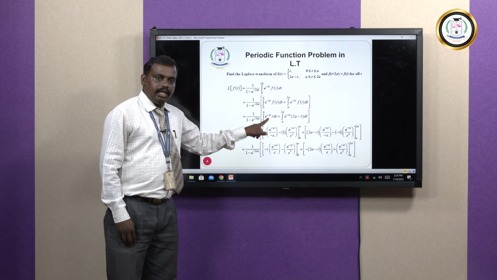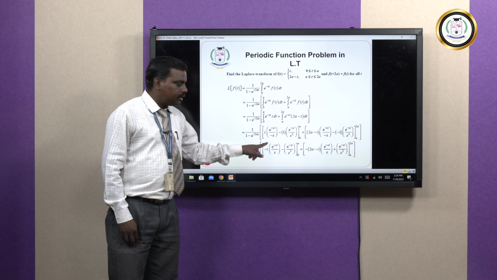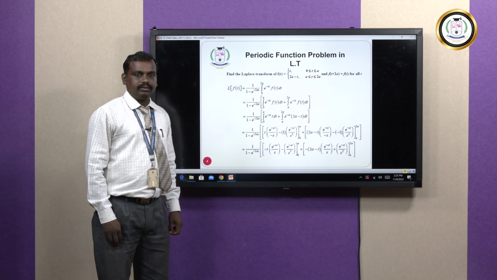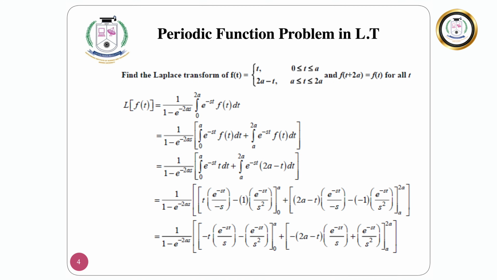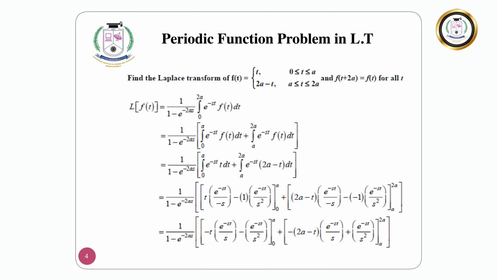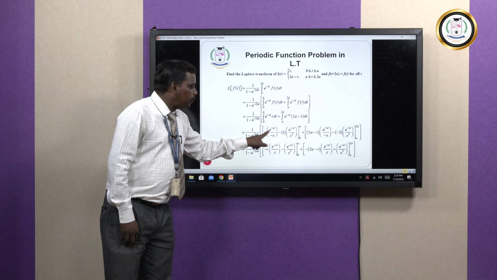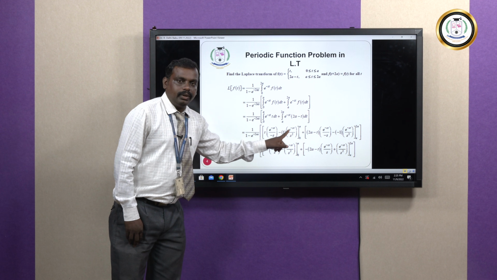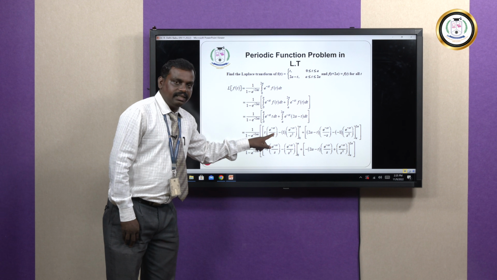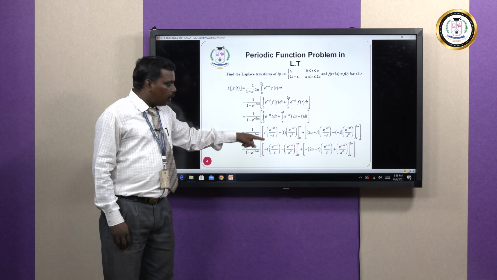The integral of e power minus st is e power minus st by minus s, the differentiation of minus st written in the denominator, that is minus s. So, uv minus u dash, that means the differentiation of t, which is 1, into e power minus st, again integrate because u dash v1 is the formula. So, e power minus st, its integration is e power minus st by, one more minus s comes.